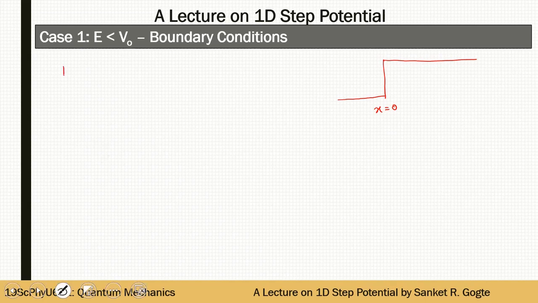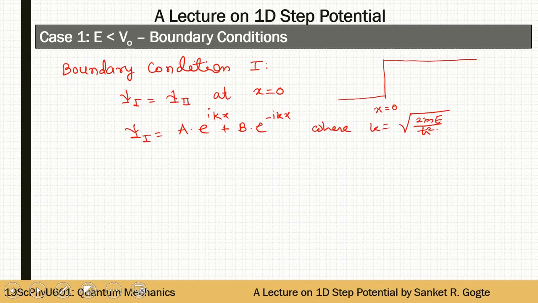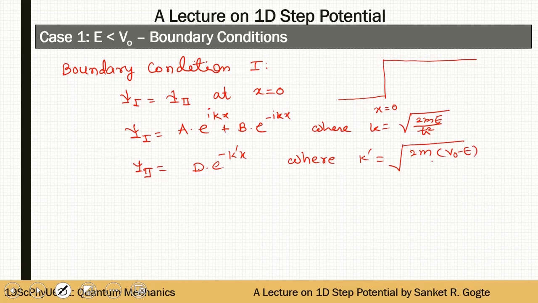So our first boundary condition is that psi 1 should be the same as psi 2 at x is equal to 0, where psi 1 is a into e to the power i kx plus b into e to the power minus i kx, where k is square root of 2mE by h cross square, and psi 2 is d into e to the power minus k prime x, where k prime is square root of 2m, it's a positive term, V0 minus E by h cross square.